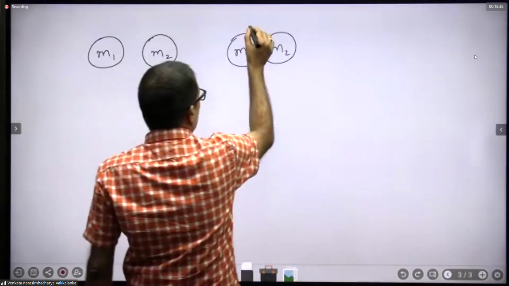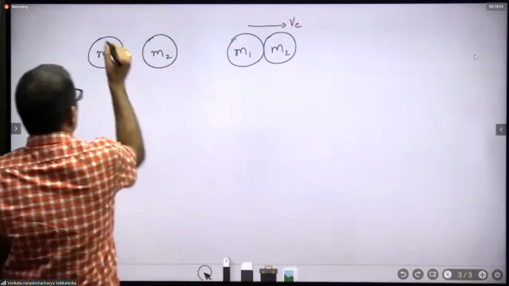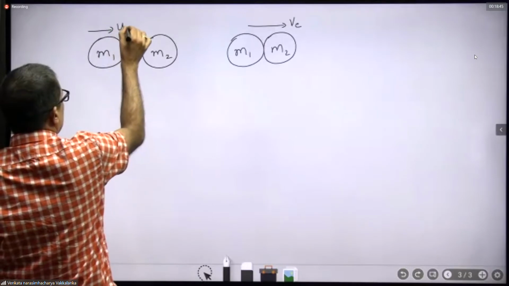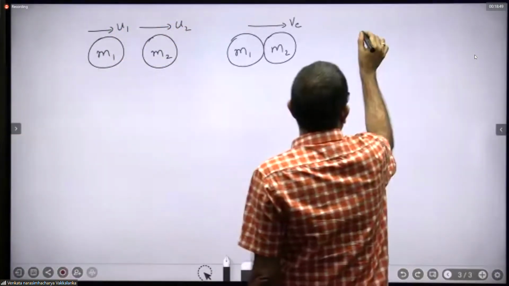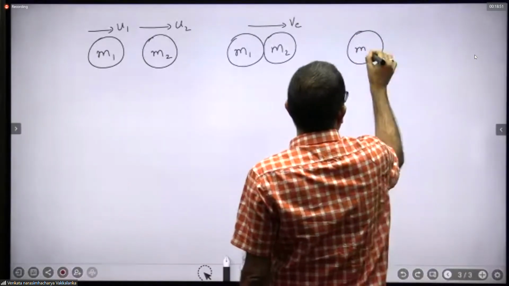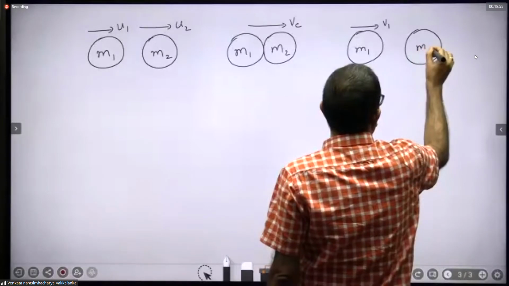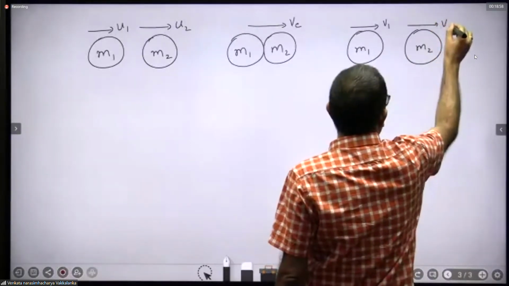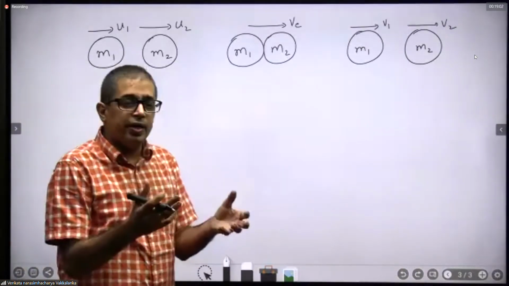Along the common normal, both will have the same velocity. I will call it V common. This will be U1, this will be U2. So after the collision, M1 will be moving with a velocity V1 and M2 will be moving with a velocity V2.